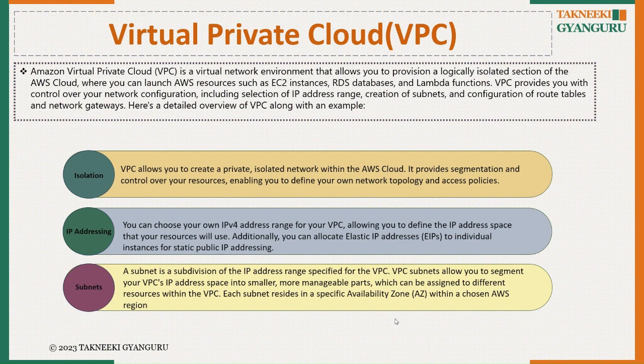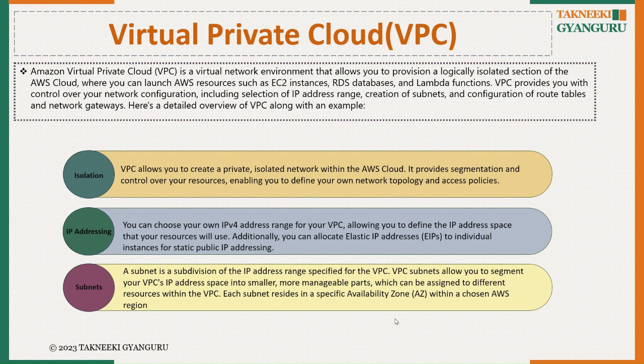So it means you can again divide it into smaller segments of IP addresses. Like in a VPC, you have 1 to 10. Now you want to segregate it into smaller parts, like 1 to 5 and 5 to 10. So these two subnets will be smaller parts of the VPC, right?